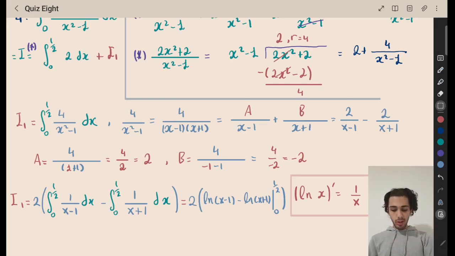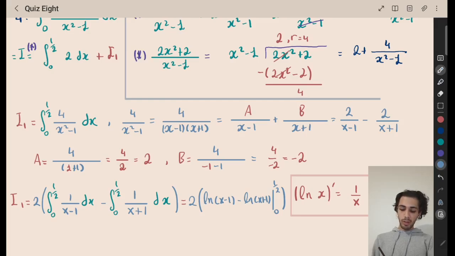Now you can use a calculator for this, or you can just plug in the values. But you need to be careful, because I anticipate a certain problem. Yes, here's the problem.